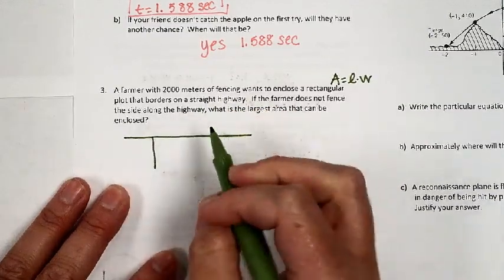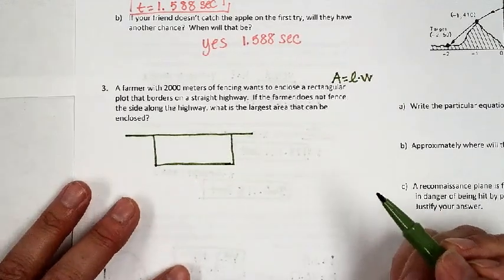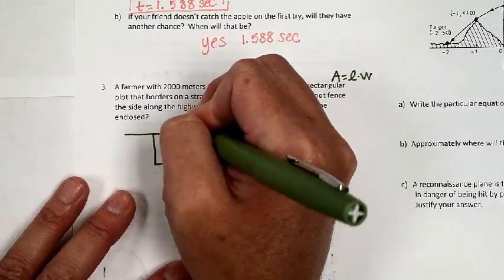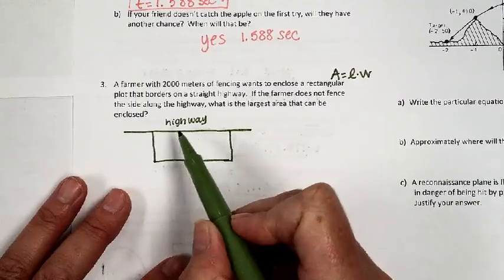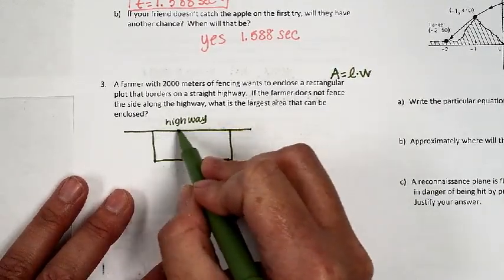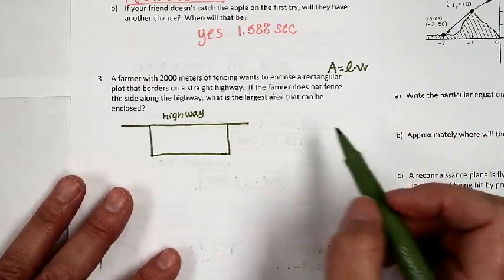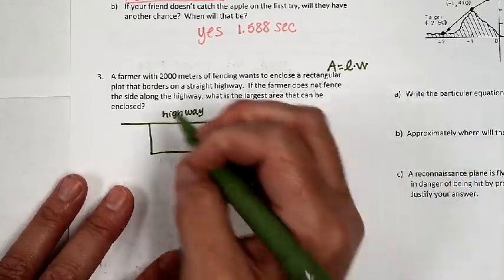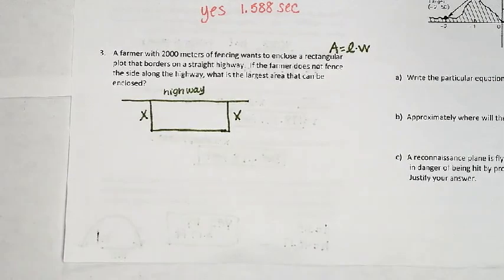We're not going to fence the side along the highway, so this side we're not going to fence. We have 2,000 meters of fencing. So let's say this is x and this is x. So I have x amount of fence and x amount of fence. The remaining amount has to go here.